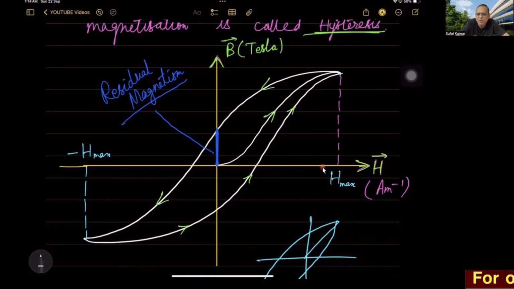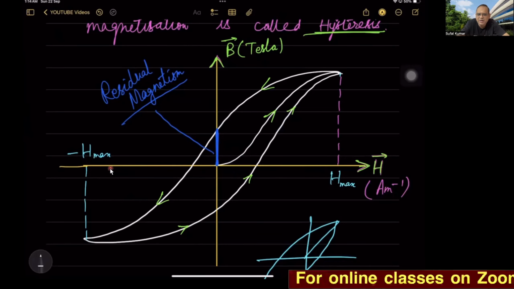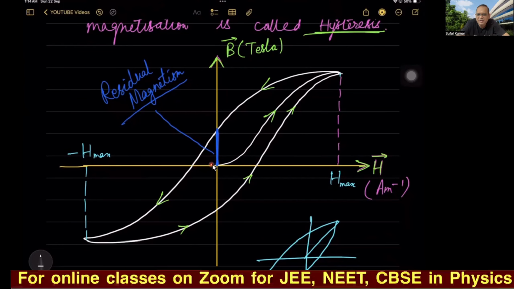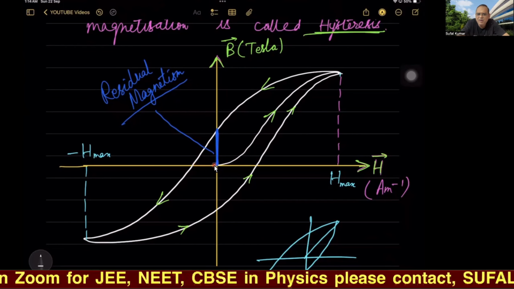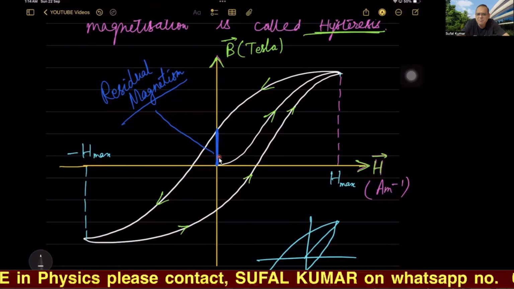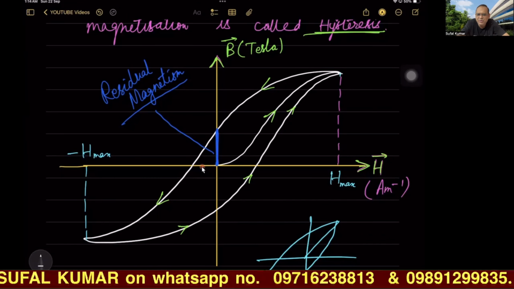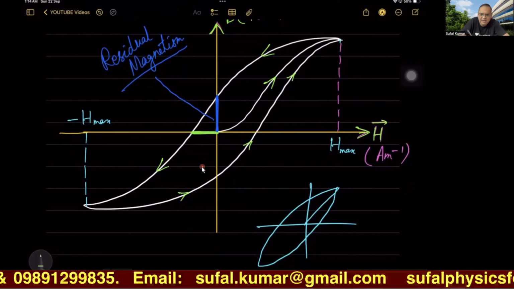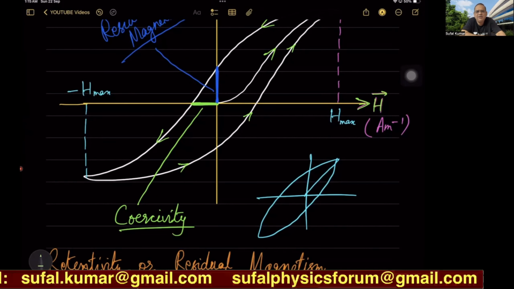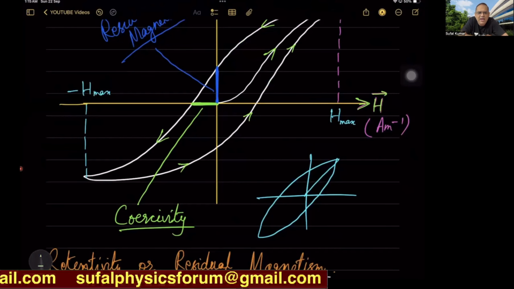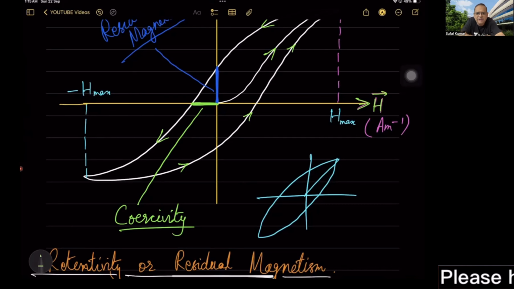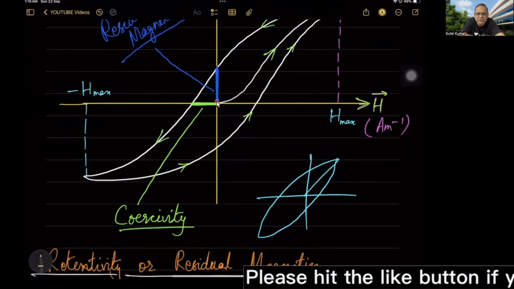So this was positive H. Now negative H we need to impose, and this much negative H is needed for decreasing this B to 0. Now which color should I use? This green is coercivity. That means the negative value of H needed for decreasing this B to 0.